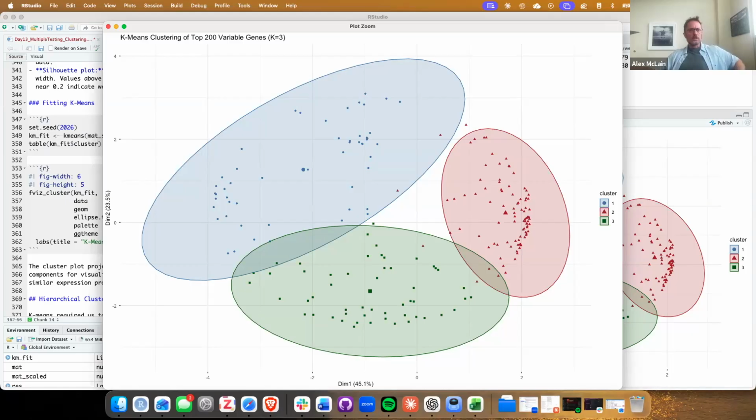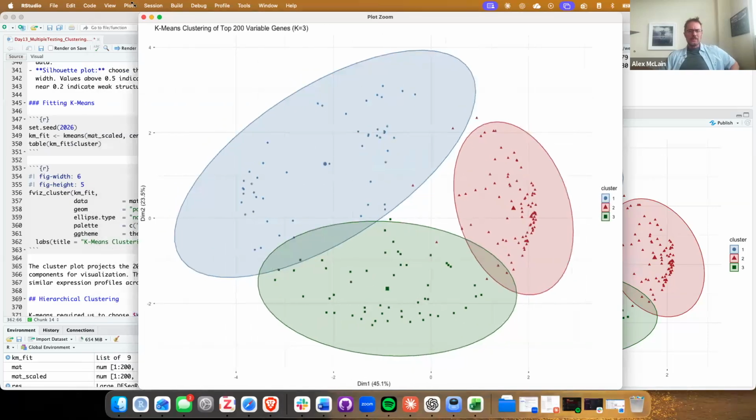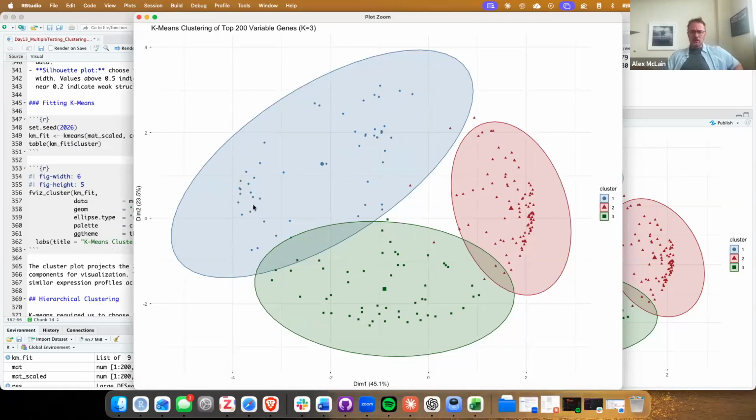Yeah, good question, Angel. Does the overlap indicate anything such that one needs to increase or decrease the number of clusters? It does a little bit, but not completely. And I'll tell you why. What we're looking at here are the first and second principal components. We are not looking at the full data. Principal components, there's the first one, there's the second one, there's the third one, there's the fourth one, there's the fifth one.